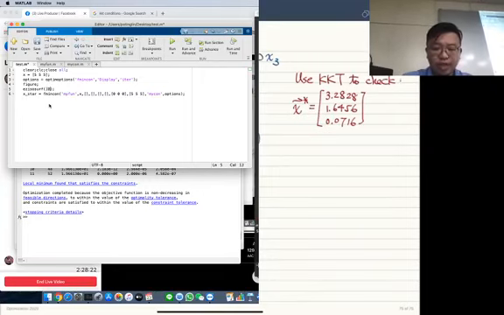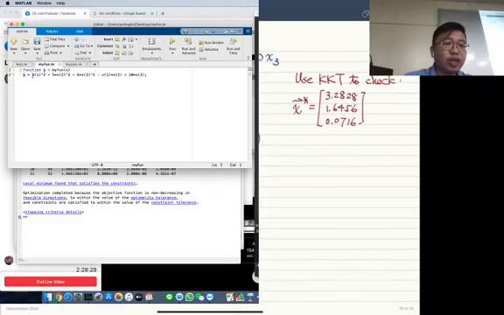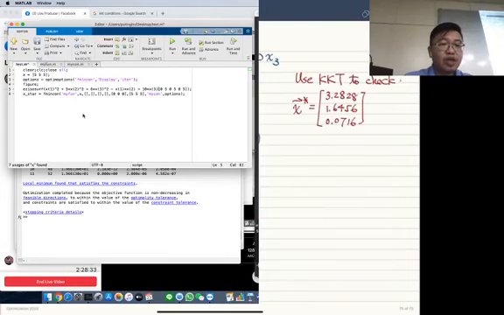So my plotting zone should be like this, and my function is this guy. But in here, I need to specify in text. Oops. Okay.